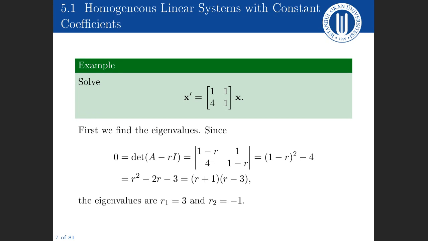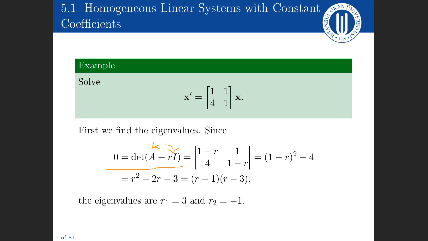How do we find eigenvalues? We always start with the determinant of A minus rI is equal to 0. Or equivalently, we can swap the places of A and rI, of course, because multiplying a determinant by minus 1 sometimes can multiply the determinant by either 1 or minus 1. But multiplying 0 by 1 or minus 1 still gives 0.